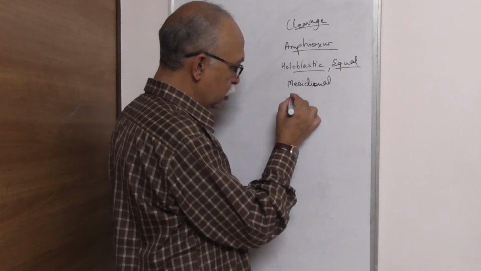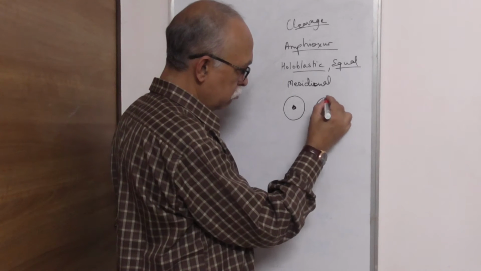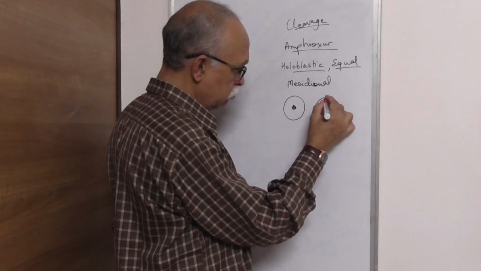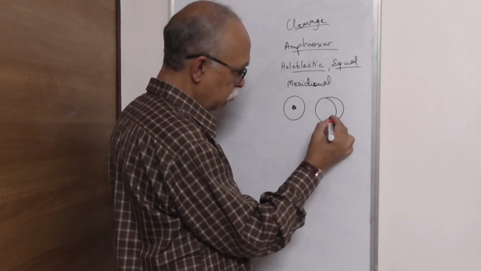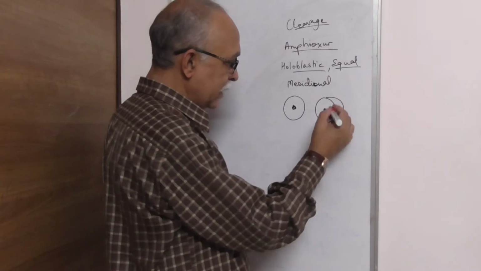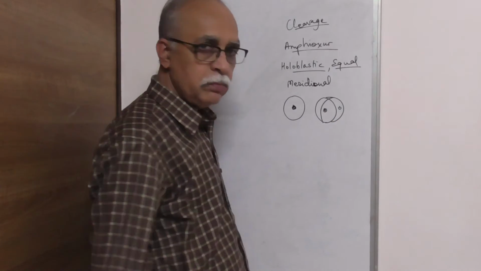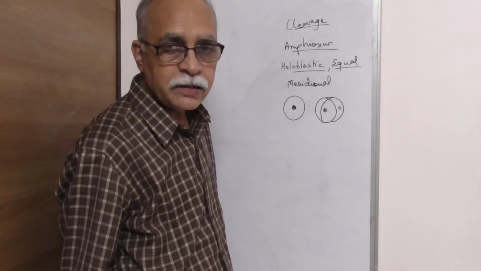The first cleavage would be in this manner. This is one daughter cell, this is another daughter cell. Second cleavage is perpendicular to the first one, so this is how it will go, resulting in 4 daughter cells.